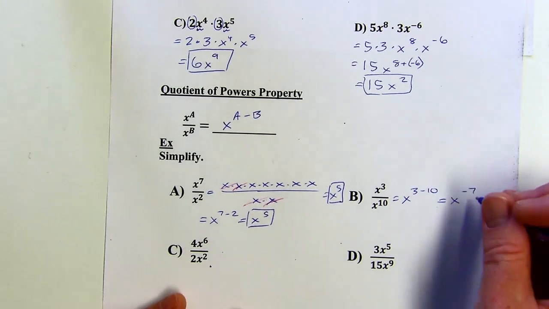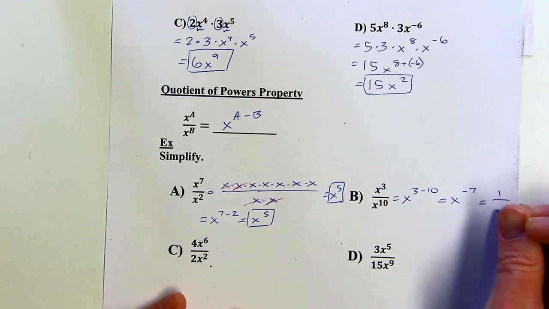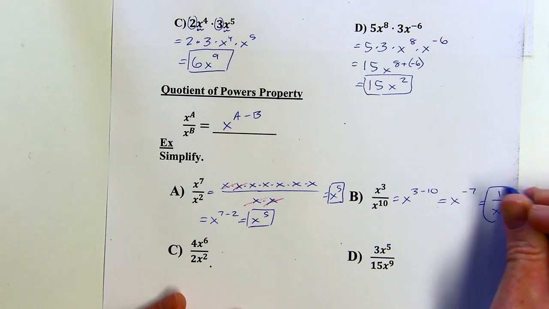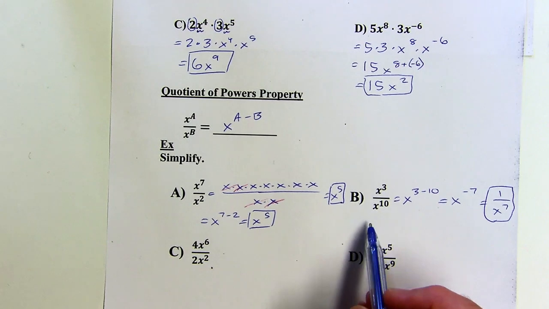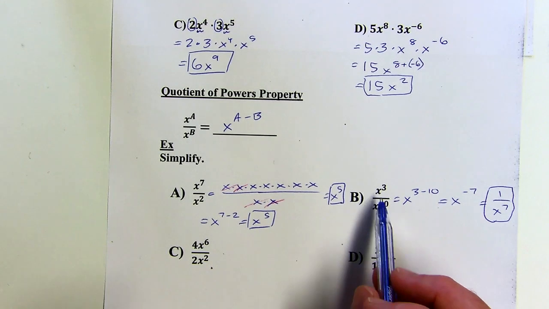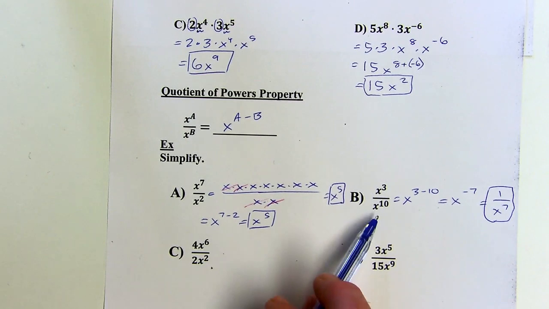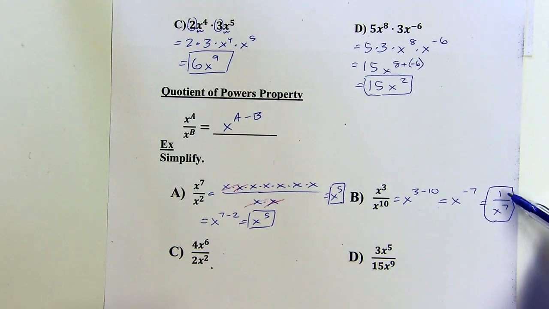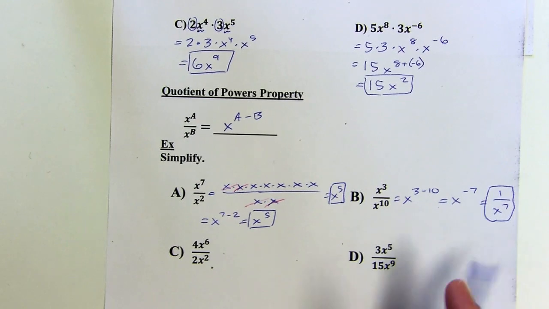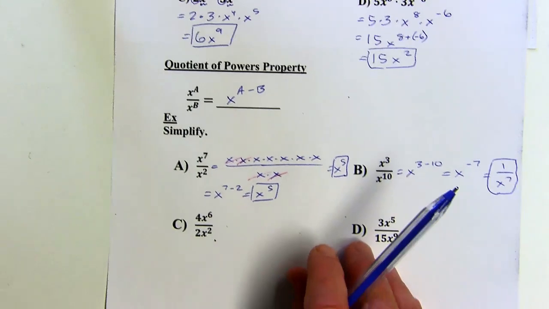And then I want to write that with a positive exponent, so I'm going to get 1 over x to the 7th. And it kind of makes sense. If you expanded these again, we'd have 3 x's on top and 10 on bottom, and you'd cancel out the 3 on top with 3 of the ones on bottom, so you'd still have 7 x's left in the denominator. Right? You wouldn't have any in the numerator, but you'd still need a 1 up there just to show that the 7 x's are in the denominator.